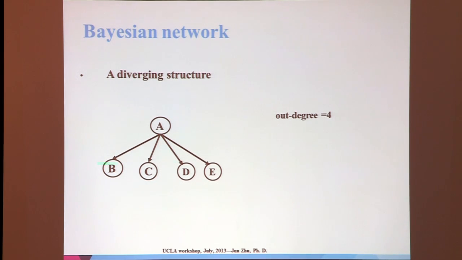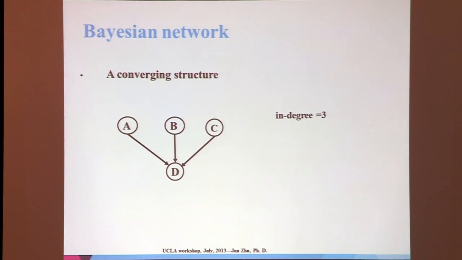So depending on how many children you have, that's the out-degree. That is something people call a hub. When you have more downstream children, it's more likely this node is a key regulator in the biology. So mainly it's called out-degree, and it is high.